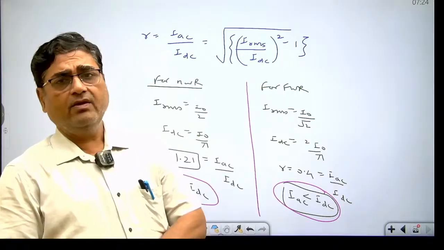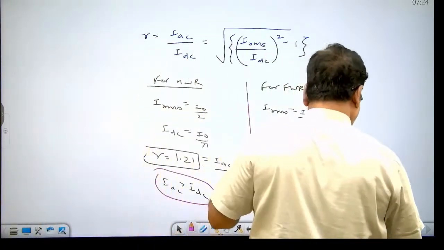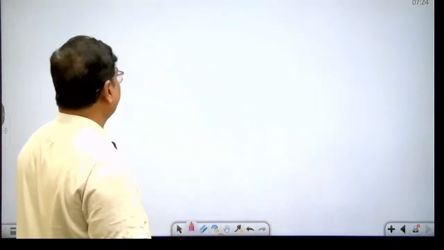Now we will see working of half wave rectifier and full wave rectifier. One very important term also, let's see, that is ripple frequency.